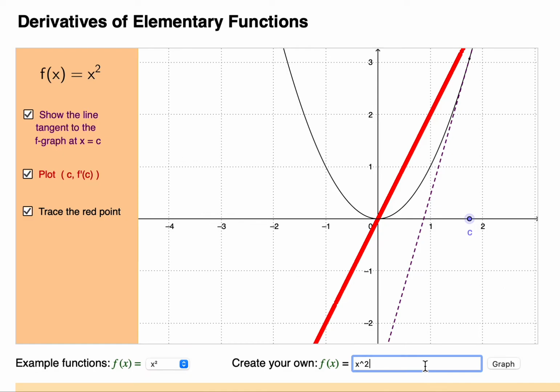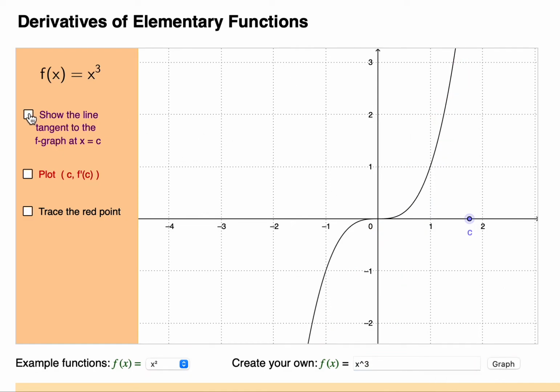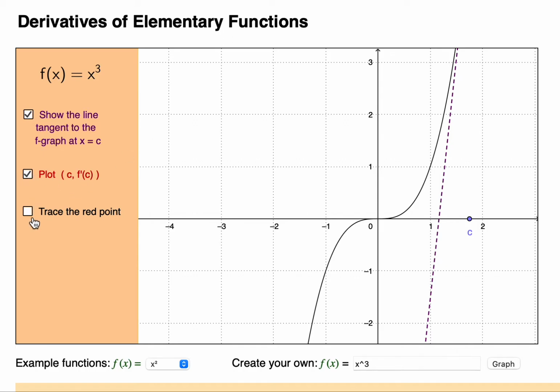We can show the same thing for x cubed. If I graph x cubed, I can see the tangent points as I plot them, and there's my tangent line. It's giving me slope values, and there they are. Now it's quite steep, so the slope values are very high.